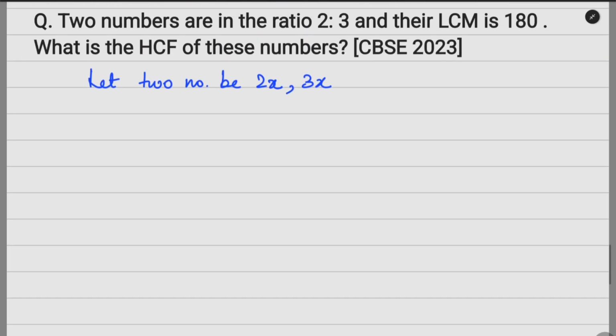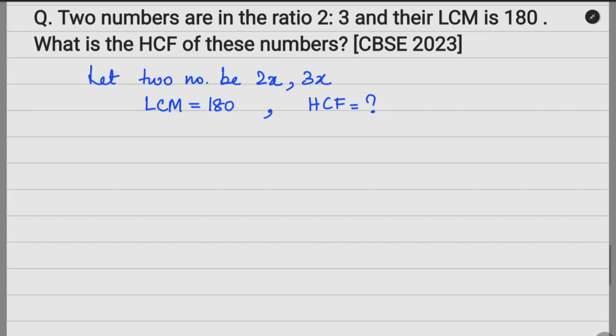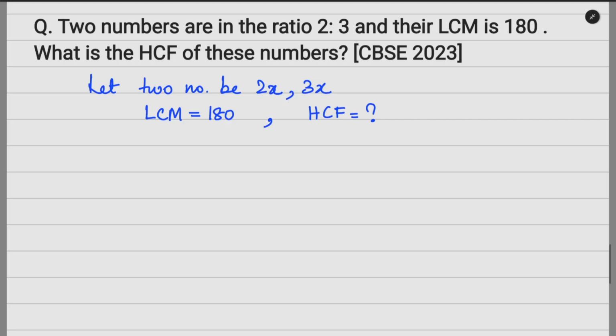Also, we know the LCM is nothing but 180. You don't know the HCF. You have to find the HCF of these numbers. So what is the relationship that I told you?